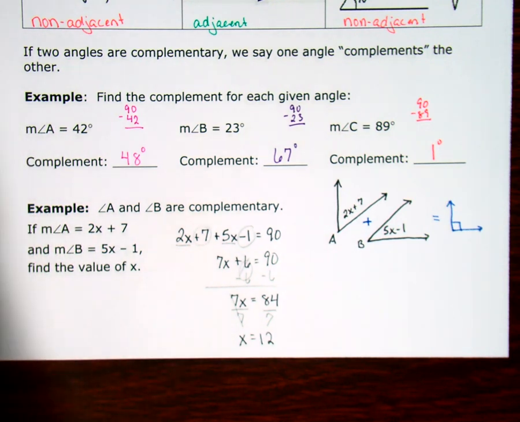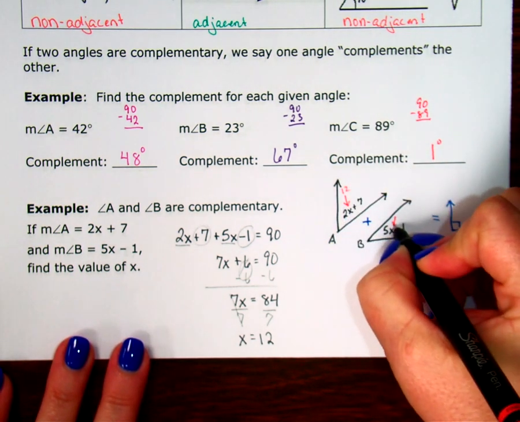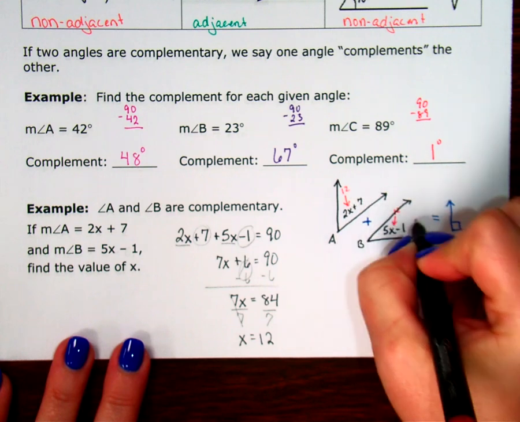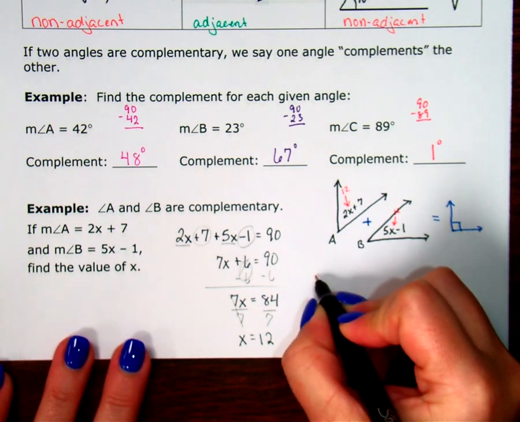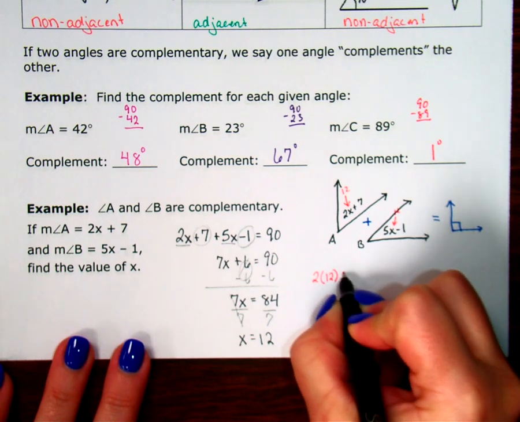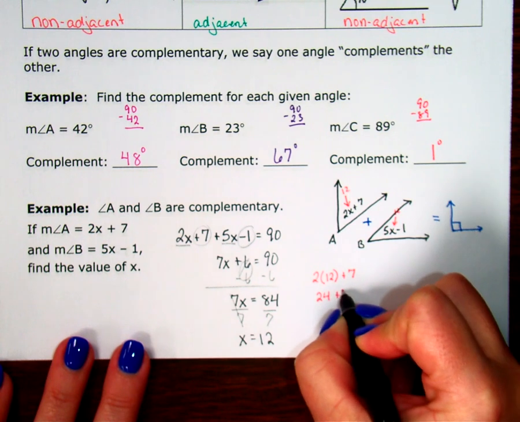However, it's a really good practice to plug in your answer just to check your work, right? So if I plug that 12 in here and here to find out what A and B are, does it really equal 90? So let's see. 2 times 12 plus 7. 2 times 12 is 24.